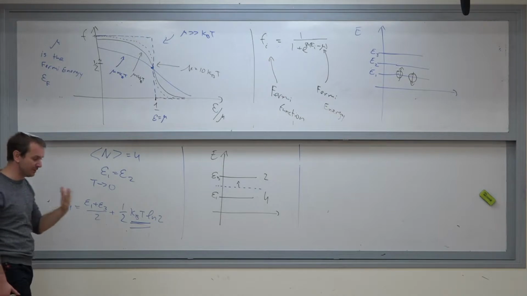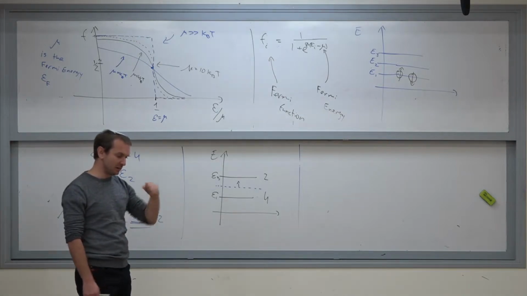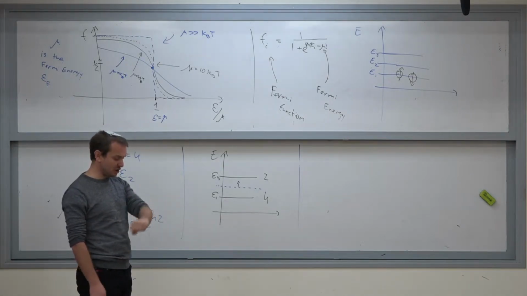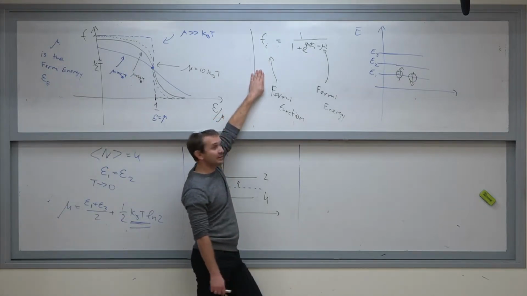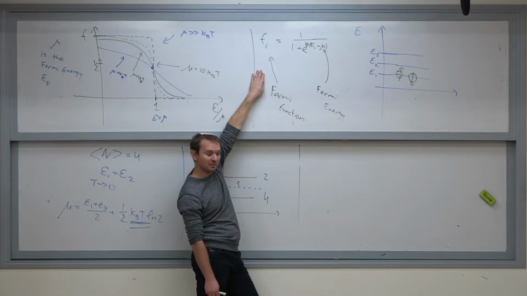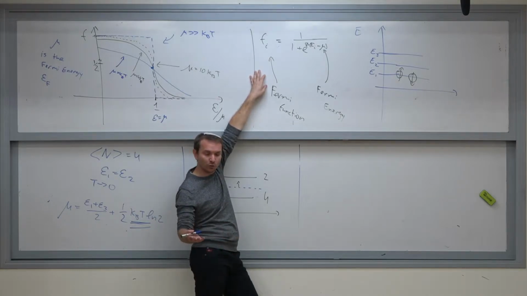So for example, if you have a process where the particles are changing their states, only the states where F is smaller than 1 and greater than 0 will have those fluctuations. All the other states are either unoccupied, so there is nothing going on there, or they are fully occupied all the time, and there is also nothing going on there.